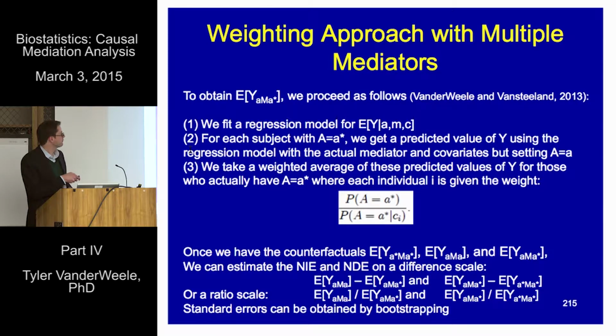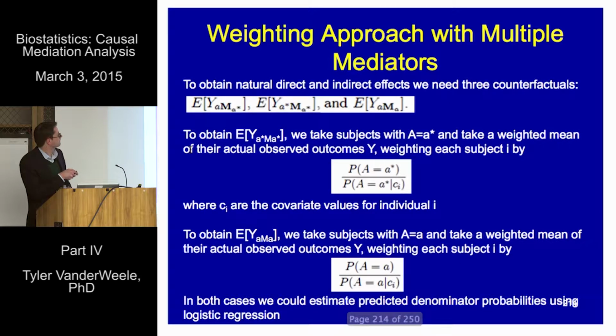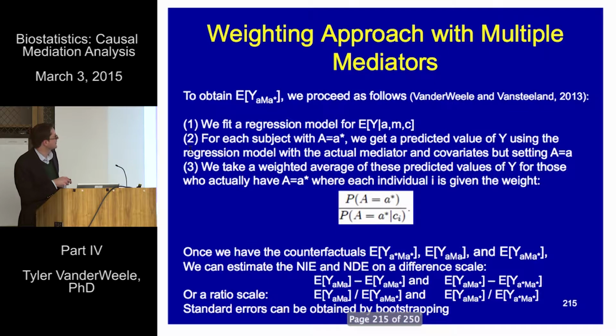We're using the exposed individuals to get the Y_a m, but to get the Y_a star, we're just using the unexposed individuals. In some sense, we're using the exposed individuals as well in fitting that initial regression model in step 1, but we're not using them in the overall mean. Other questions?